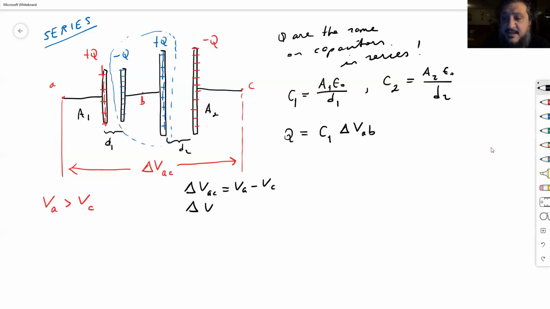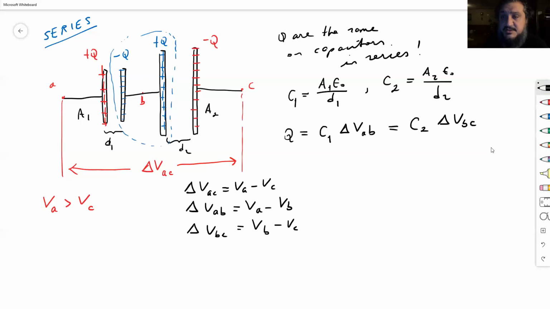Similarly, delta VAB is equal to VA minus VB. And now I'm going to use delta VBC, that's equal to VB minus VC. If I take that delta VBC and multiply it by C2, I also get the charge on the second capacitor, which is still Q.